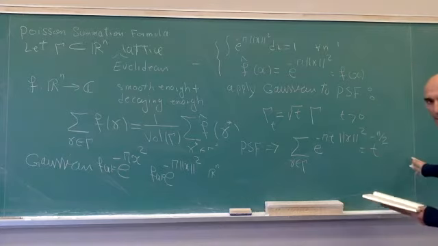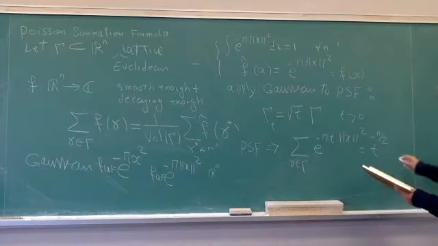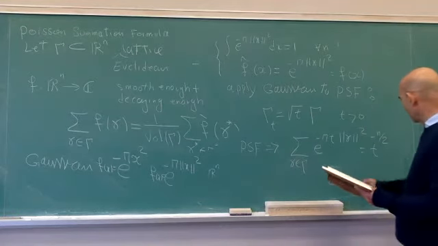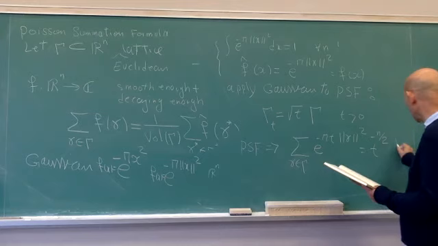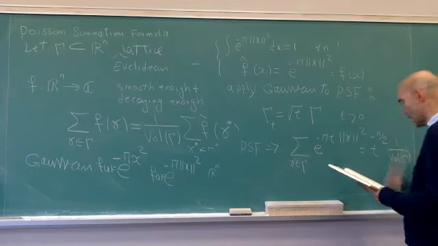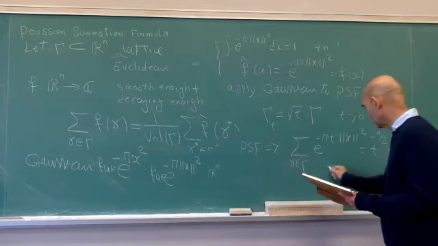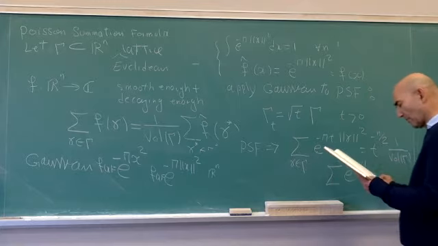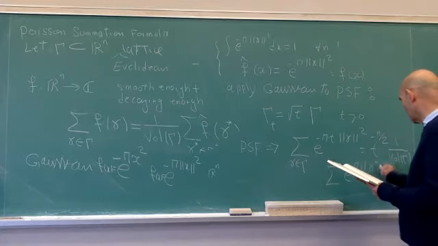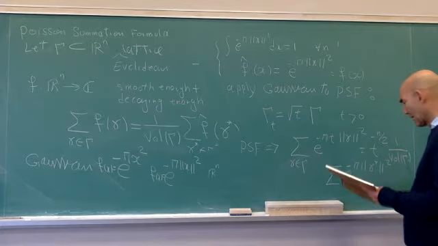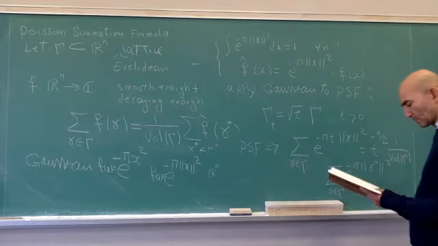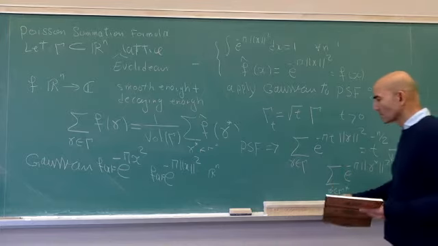times 1 over volume of gamma times the sum of exponential of minus pi norm of gamma star squared, gamma belonging to gamma star.